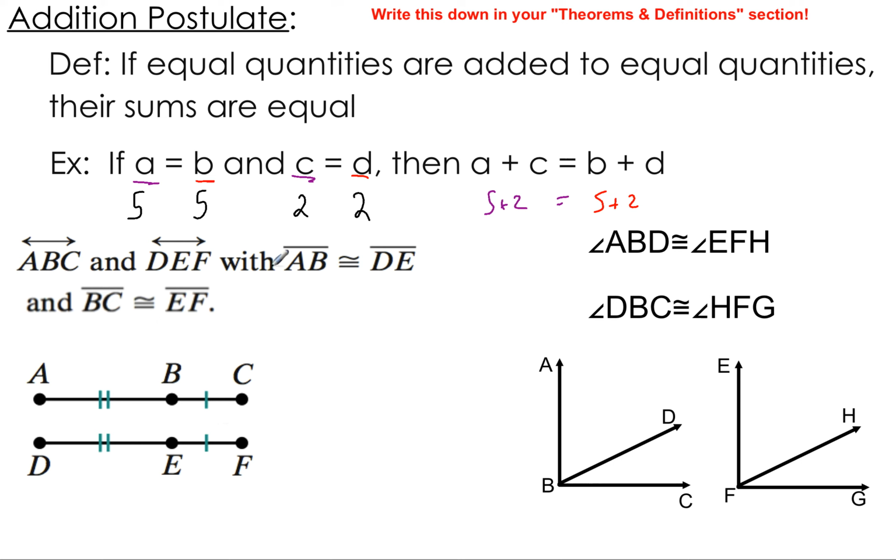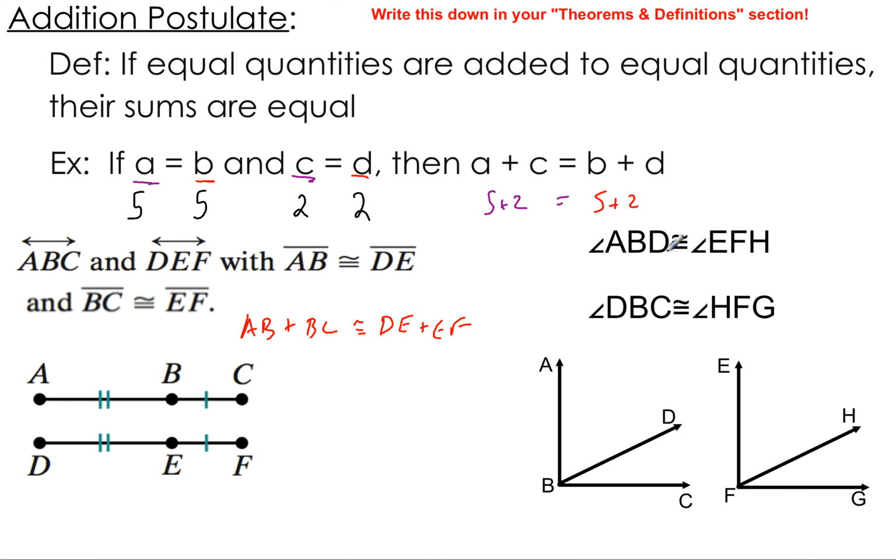So what we're saying is that the addition postulate says that if AB is equal to DE and BC is equal to EF, that means that AB plus BC is congruent to DE plus EF, which is exactly the same thing as we have here. If A is equal to B, let's say they're both 5, and C is equal to D, let's say they're both 2, then A plus C, 5 plus 2, is equal to B plus D, 5 plus 2. So AB plus BC must be equal to DE plus EF by the addition postulate.